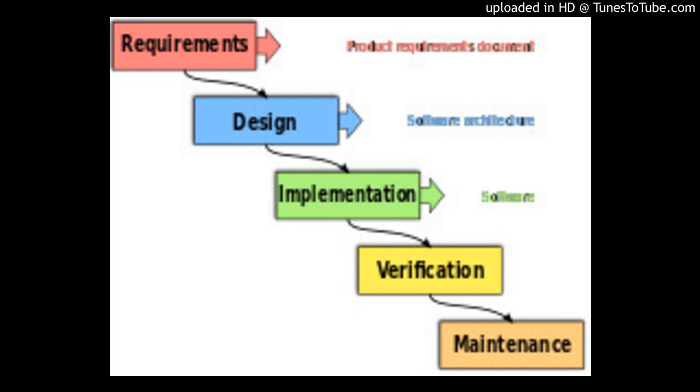ISO IEC 15504 Information Technology, Process Assessment, also known as Software Process Improvement Capability Determination, SPICE, is a framework for the assessment of software processes. This standard is aimed at setting out a clear model for process comparison. SPICE is used much like CMMI.